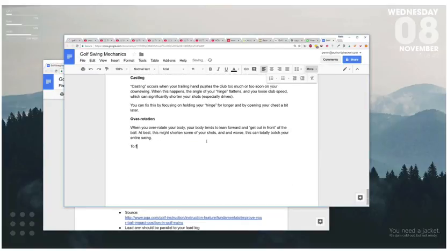To fix this, it's often easiest to concentrate on impact position. We'll talk more about that here in just a little bit.